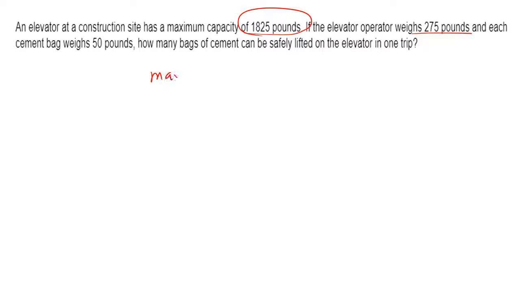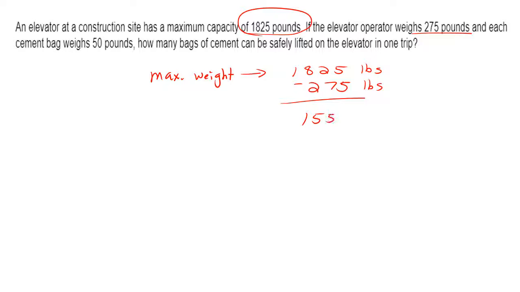So if the maximum weight that this portable elevator, or lift as it is sometimes called, is 1,825 pounds, and I have a person on that machine operating it who weighs 275 pounds, then I cannot carry but a certain amount of materials, because you have to calculate in the weight of the individual.